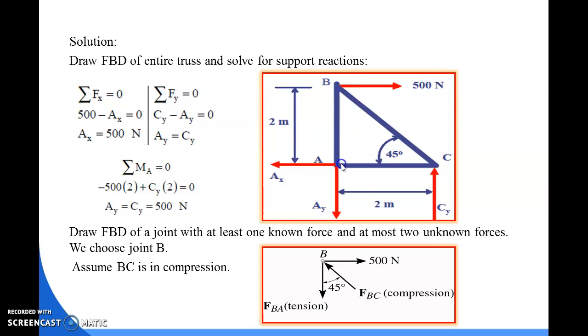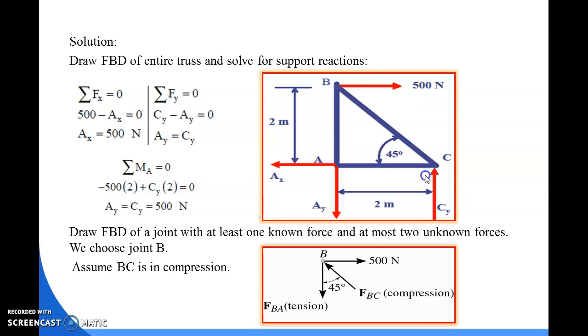Moment is equal to load into distance. Load is 500 Newton and the distance is 2 meter. So 500 into 2 is the moment for this force, and the sign should be negative due to the hogging moment.